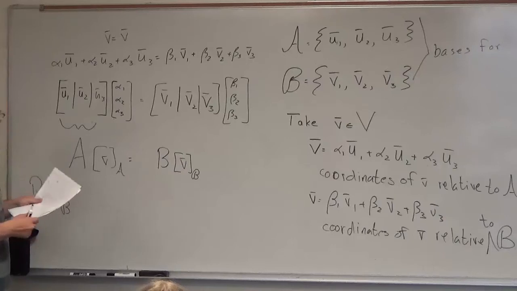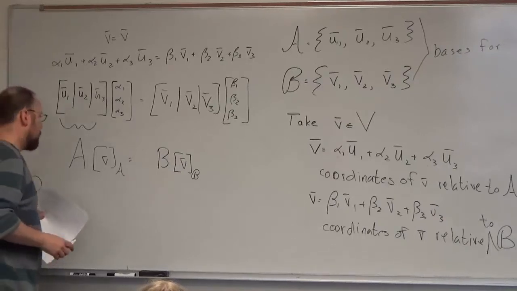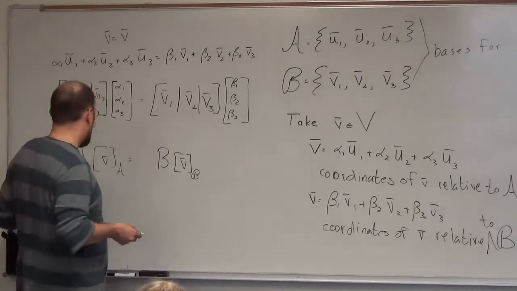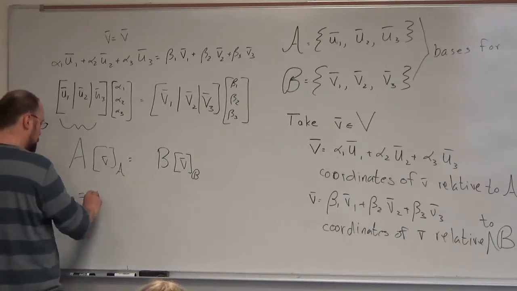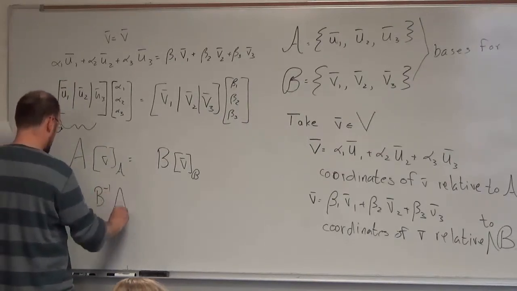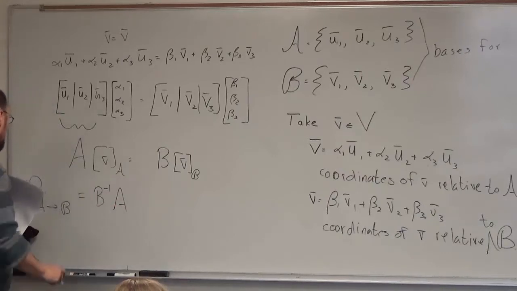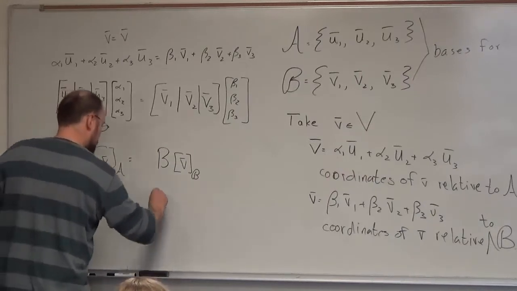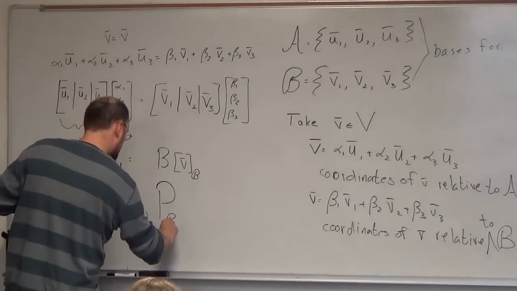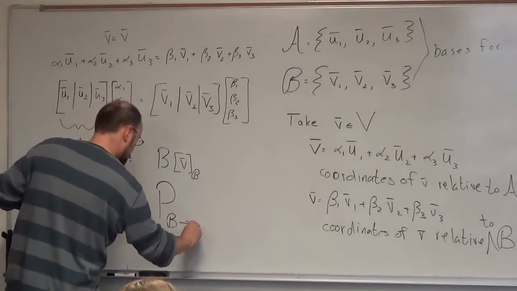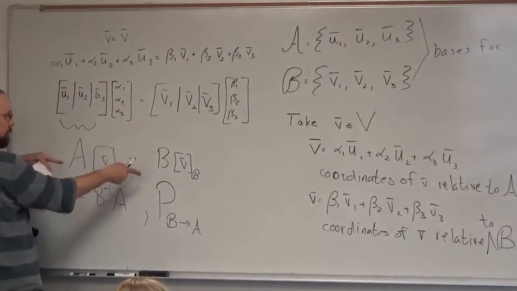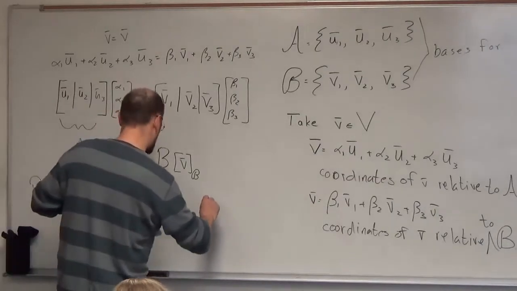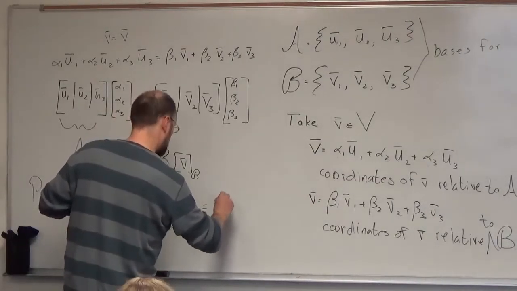The determinants are guaranteed not to be zero. Therefore, these matrices are invertible. So this will be exactly B inverse times A. And if we want, on the other hand, the transition matrix from basis B to basis A, multiply both sides of this equation by A inverse. That would be A inverse.